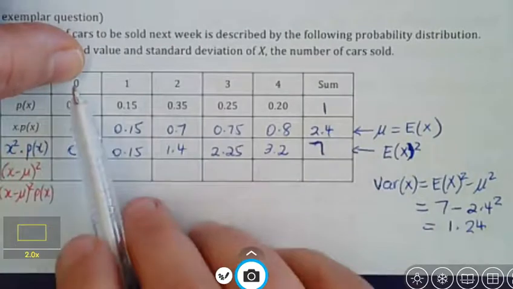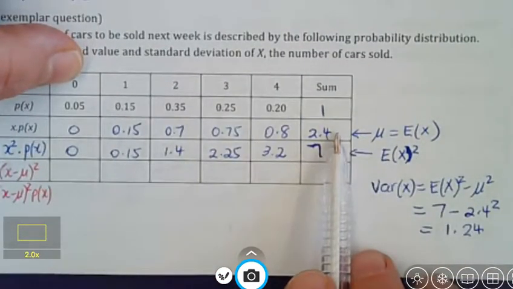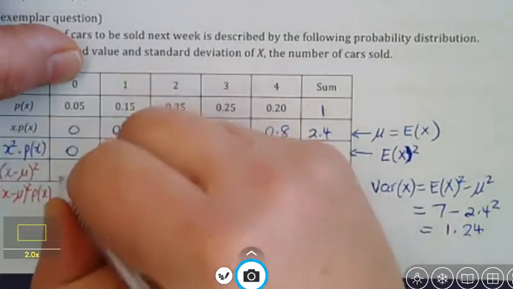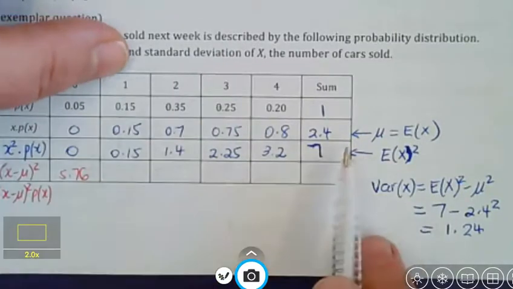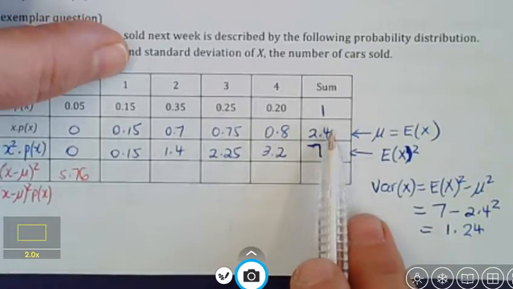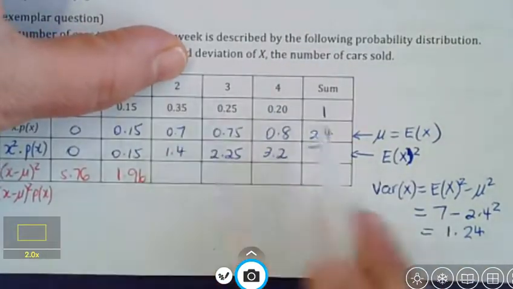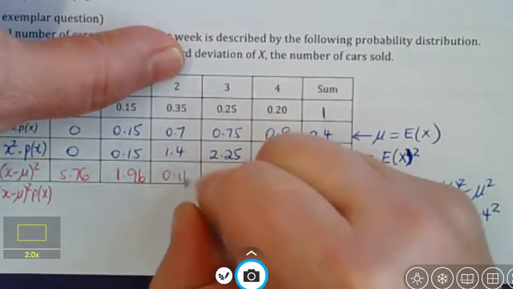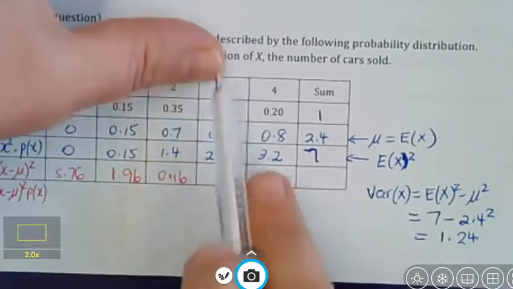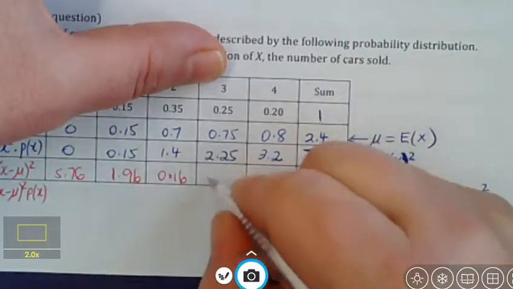0 minus 2.4 and then square it. What's 2.4 squared? 5.76. This is a bit painful. 1 minus 2.4 squared. That's 1.4 squared. What's 14 times 14? 196. 2 minus 2.4, that's 0.4 squared, would be, please check them on a calc, 0.16. 3 minus 2.4 is 0.6 squared, would be 0.36.